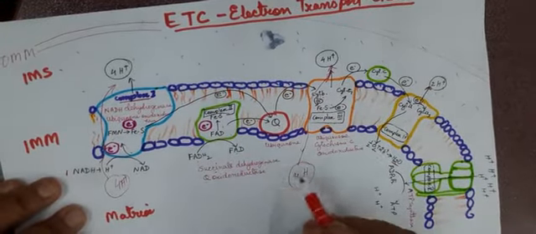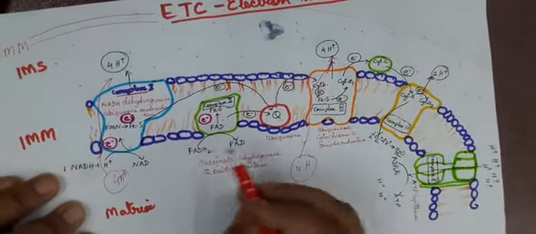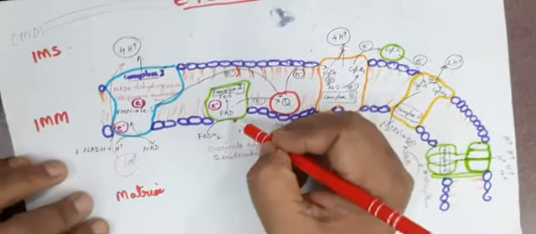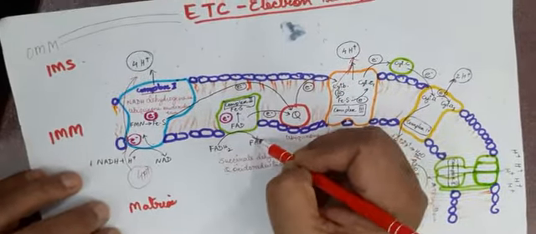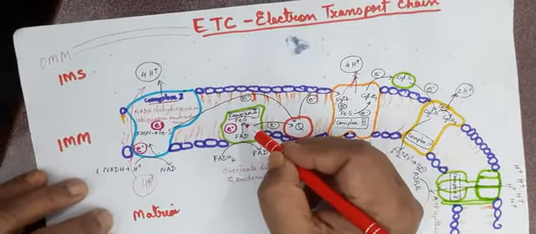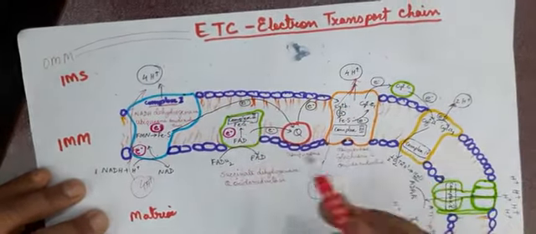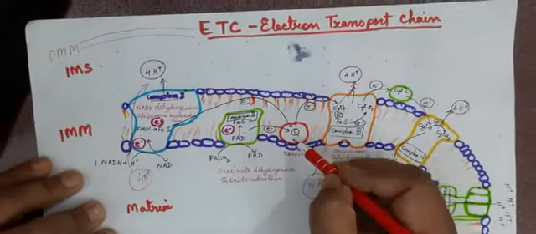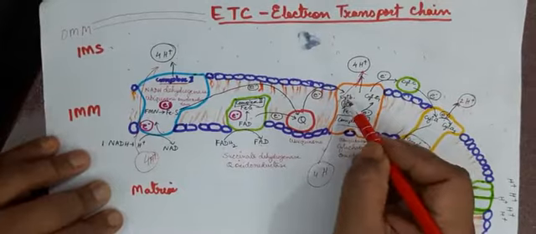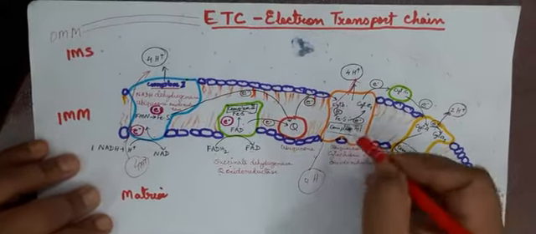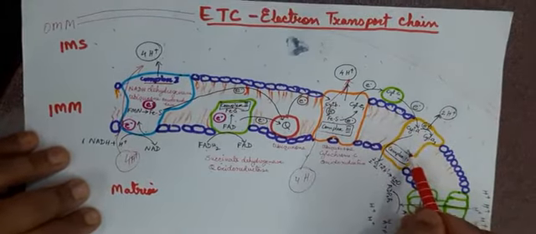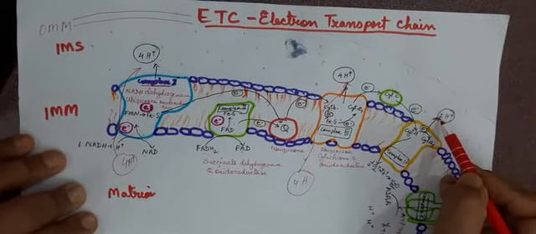Then the second complex is not releasing any hydrogen ions, but it is also donating electrons because of the dehydrogenation of FADH2 to FAD. So these electrons released by FADH2 are accepted by the iron sulfur complex, and in the same way it is accepted by ubiquinone, which will give it to complex 3. 4 hydrogen ions will be released, and it will give it to complex 4. 2 hydrogen ions will be released.